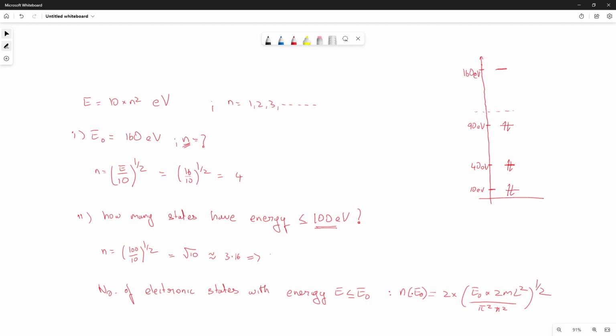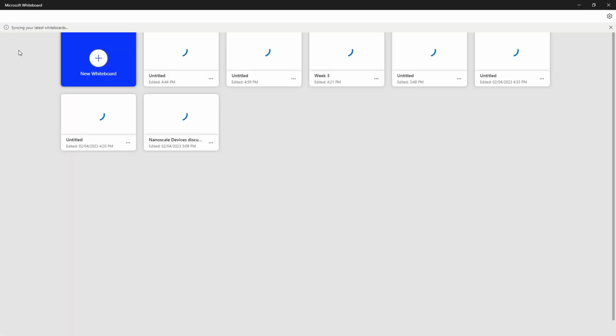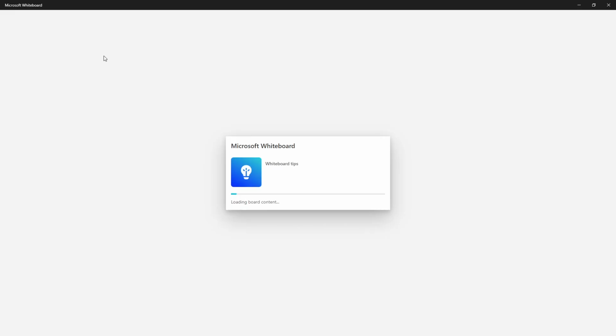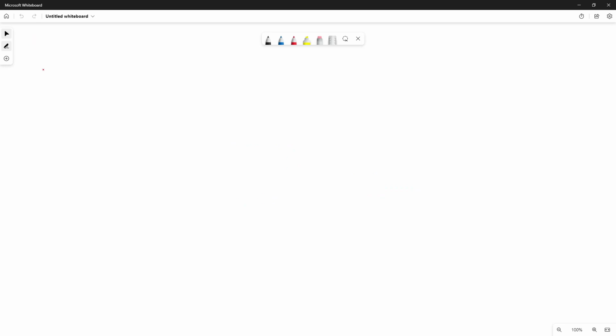Now, finally, to conclude today's discussion, let me just derive the density of states. So for a 1D system, for a 1D solid, G is how we denote the density of states, and typically we put 1D, 2D, or 3D below that as a subscript to denote how many dimensions we are talking about.